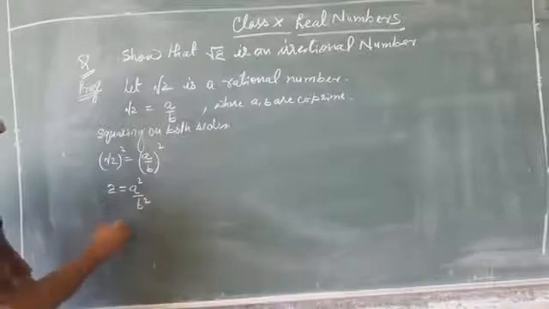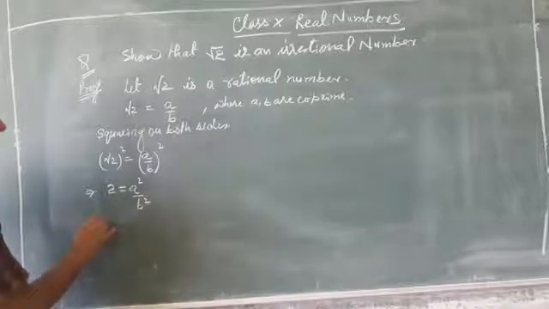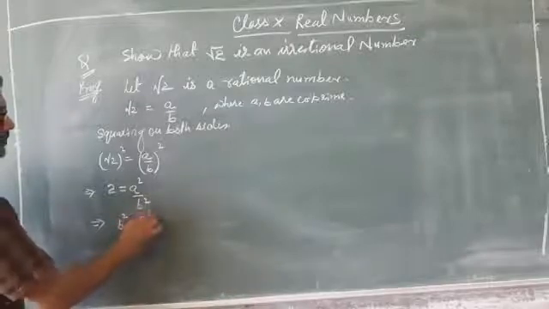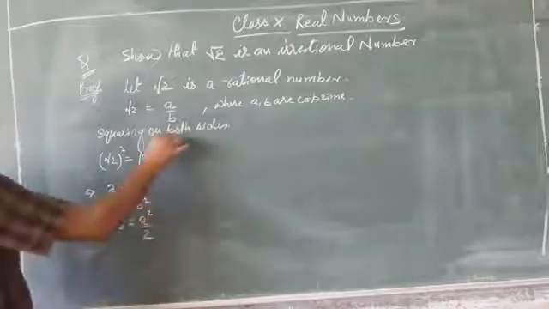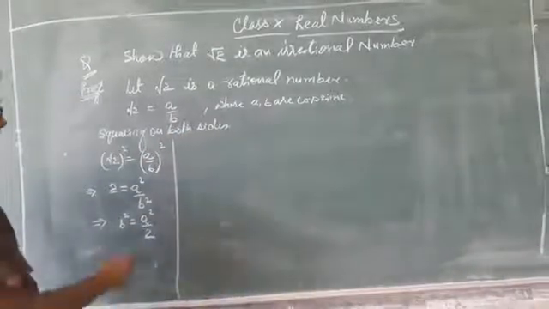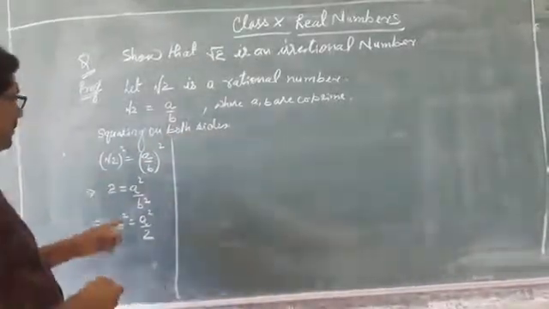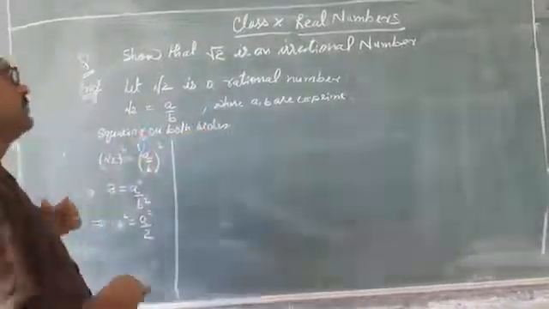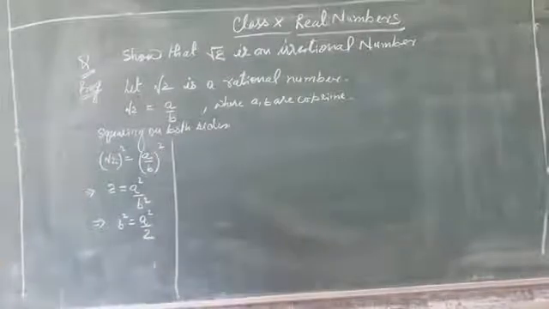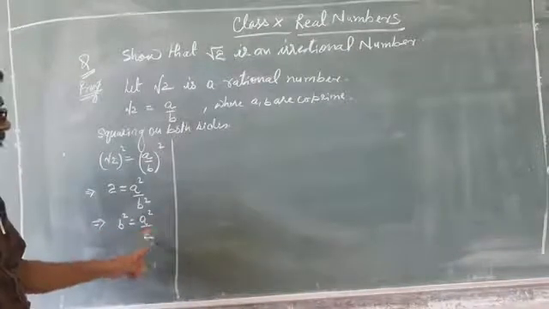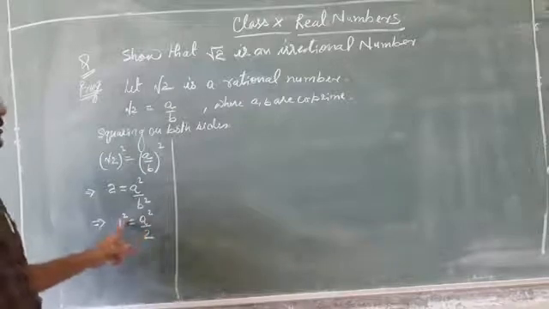We can write it as b squared is equal to a squared upon 2. So we can see that a and b are co-prime integers, and a squared by 2 is equal to b squared.